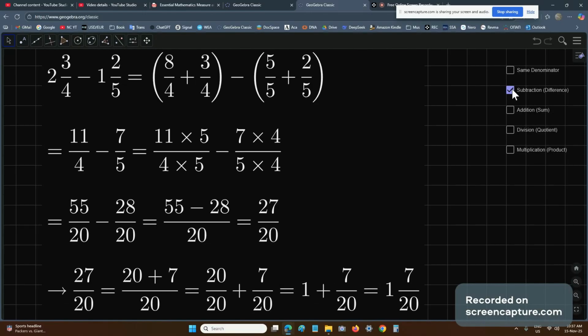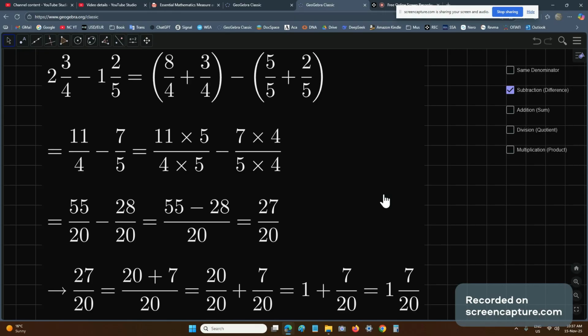And let's look at subtraction. Now, this one has what mainstream mathematics academics call mixed numbers. And we could have done it the way I've shown you here with the same denominator.